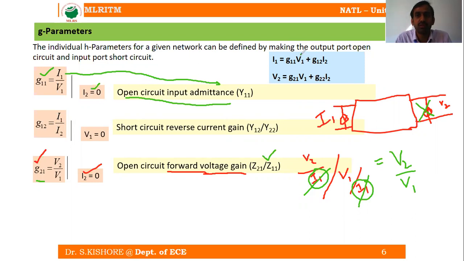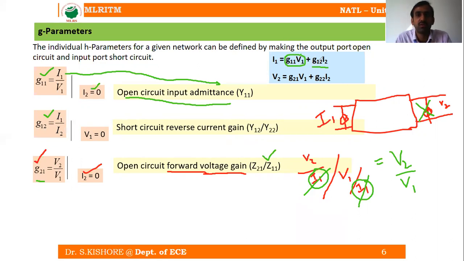That means V1 is equal to 0. If V1 is equal to 0, this term is going to be equal to 0. Then we have I1 equal to G12 into I2. So we can write G12 as I1 by I2.